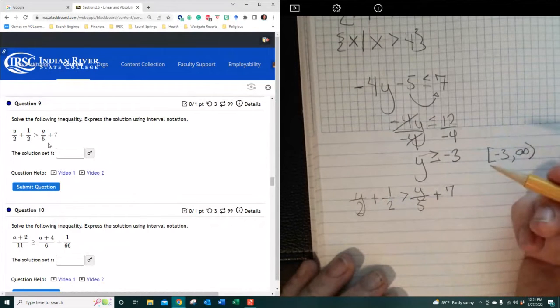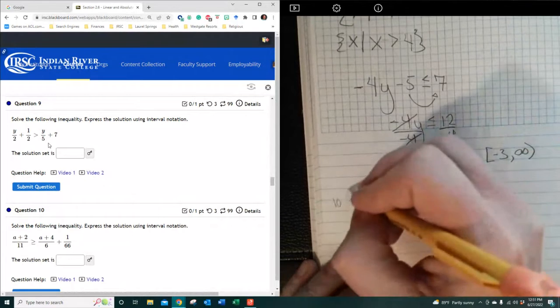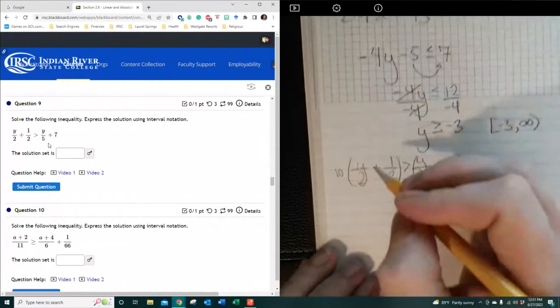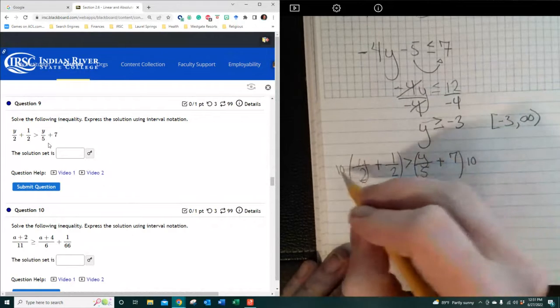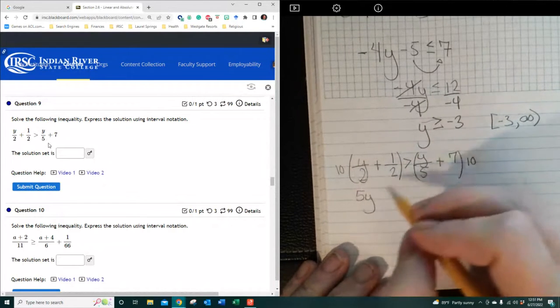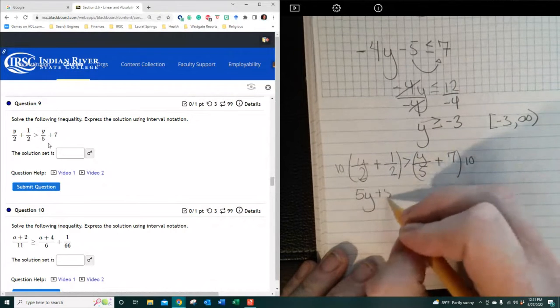And the one that you're going to use is 10, because 2 times 5 is 10. So we're going to multiply both sides by 10, and then this will eliminate the fractions, because watch, 2 goes into 10 5 times.